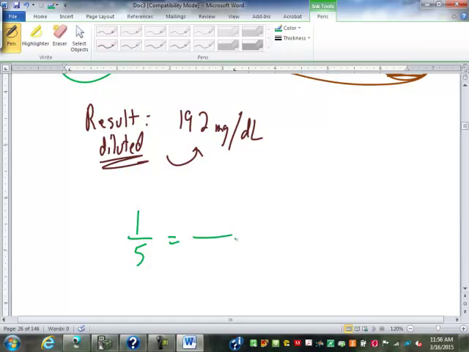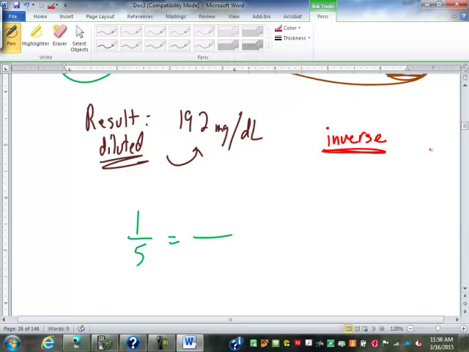Now here's the part where matching up our numbers and our proportion is a little bit trickier. Normally we would say, well, the 5 is the volume of the diluted sample and the 1 is the volume of the concentrated sample. So you'd think the 192 would go with the 5. But in this case, this is what we call an inverse relationship.